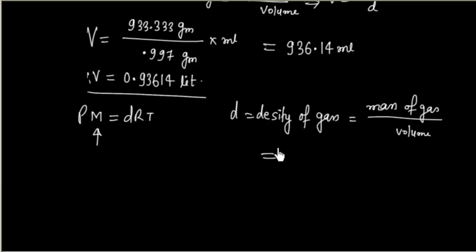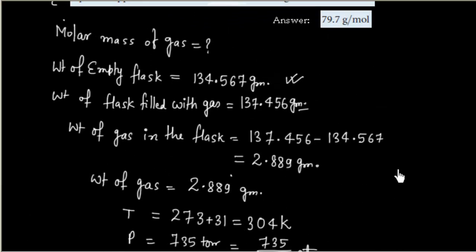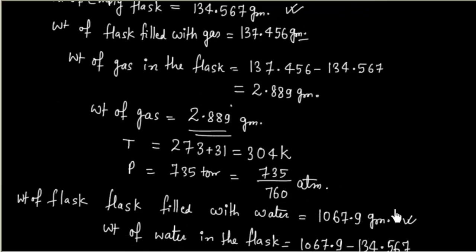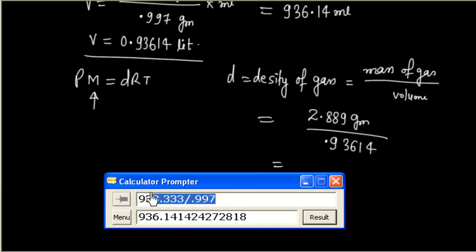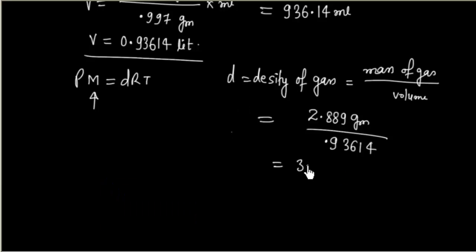We know the mass of gas, which we have calculated as 2.889 gram, and the volume in liter is 0.93614. So 2.889 divided by 0.93614 is 3.086 gram per liter.